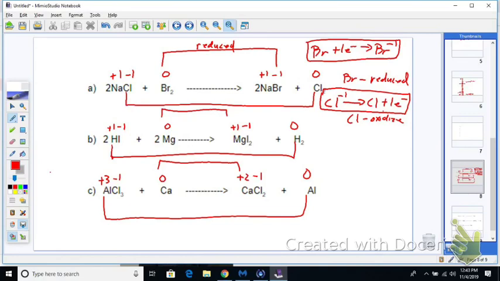Letter B. I like picking the one that's reduced. Okay? So I got a +1 going to a 0. So that's picking up an electron. You guys see that? For it to be a 0, it has to pick up a negative charge. So hydrogen is reduced.